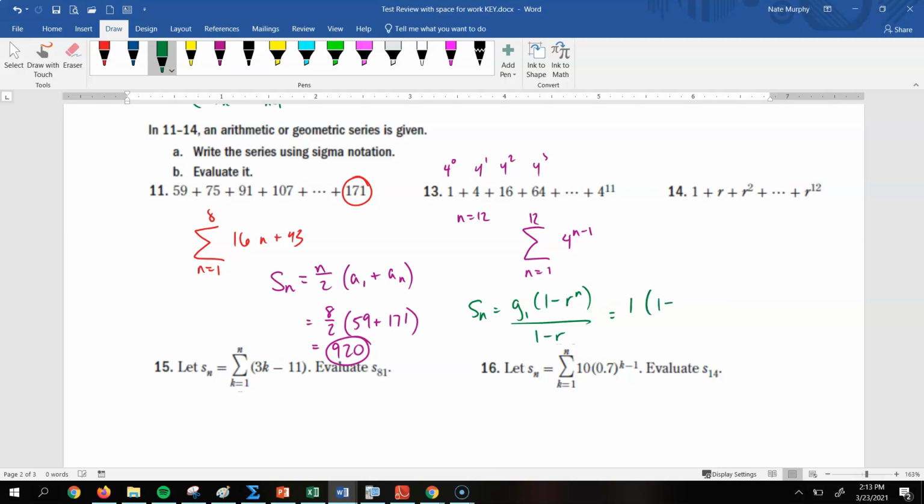We'll have 1 minus our constant ratio, which is 4, to the, and there's 12 terms, so it'll be 4 to the 12th power, all divided by 1 minus 4. And when you do that on your calculators, your final answer for that will end up being 5,592,405. That's your answer for 13B.